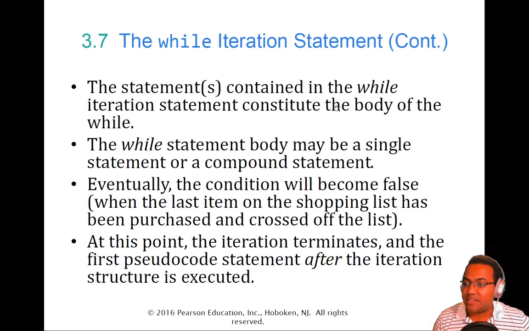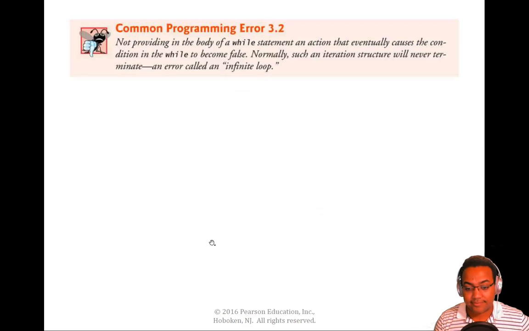The statements contained in a while iteration statement constitute the body of the while. The while statement body may be a single statement or a compound statement. Eventually, the condition will become false when the last item on the shopping list has been purchased and crossed off the list. At this point, the iteration terminates and the first pseudocode statement after the iteration structure is executed.